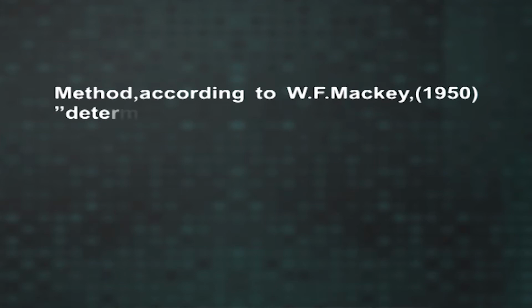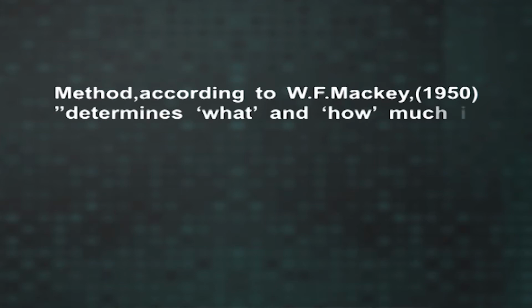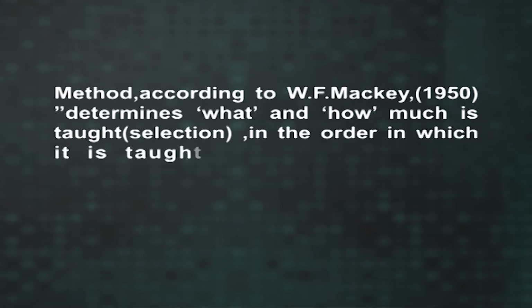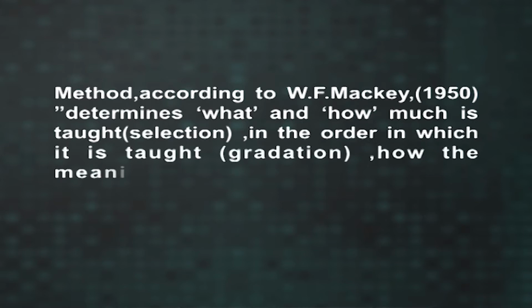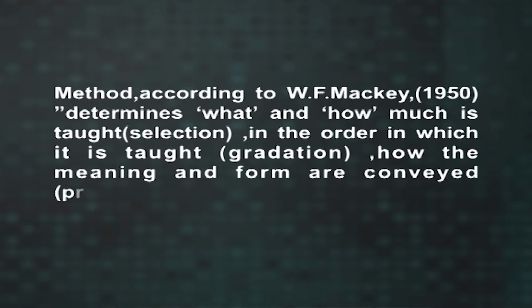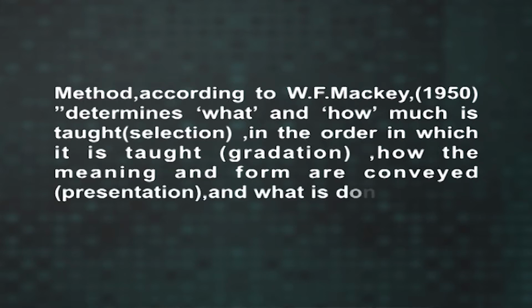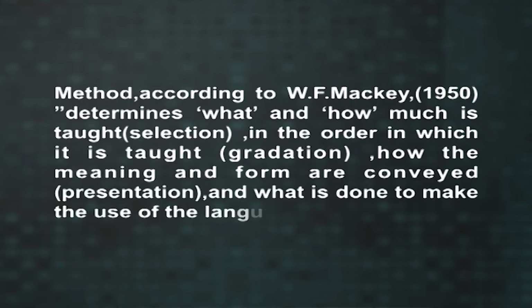Method, according to W. F. Mackey 1950, determines what and how much is taught, selection, in what order it is taught, gradation, how the meaning and form are conveyed, presentation, and what is done to make the use of language unconscious.